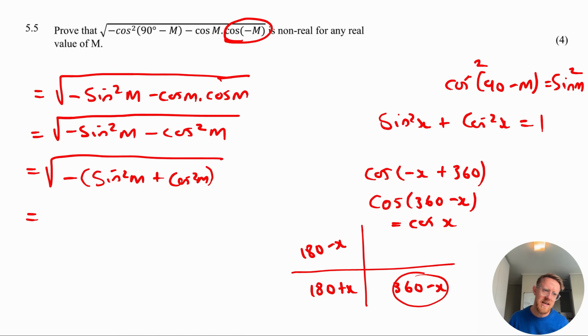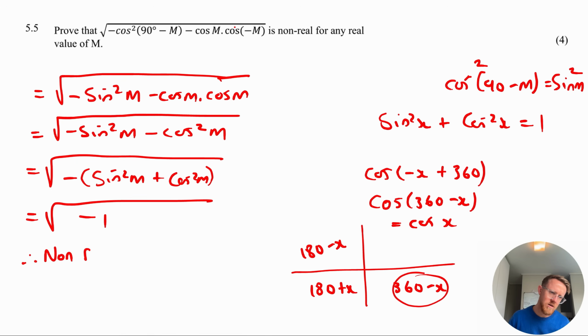And so this just ends up giving us negative 1. Now we know that if you type in the square root of negative 1 on your calculator, you're going to get an error. And so they said, prove that this expression is going to be non-real, which means you get an error on your calculator for any value of m. And so we can say, therefore, non-real.